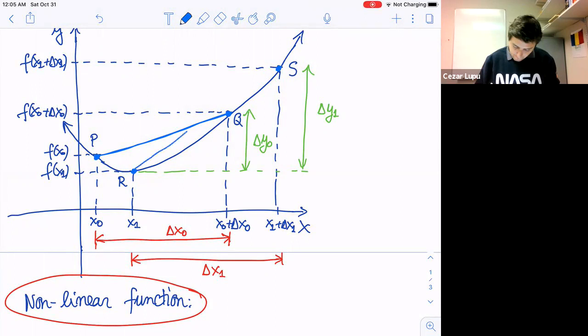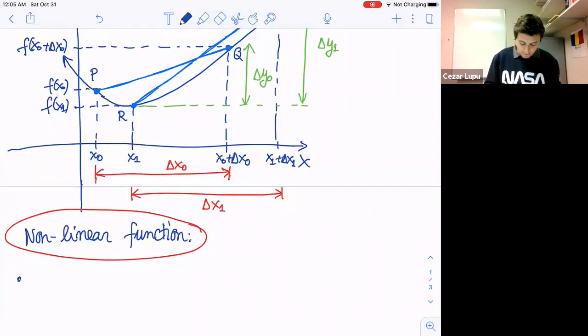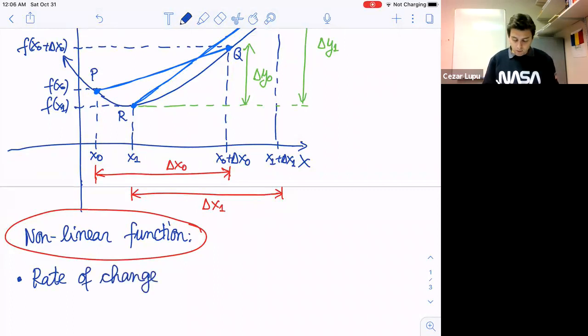So I have these two lines, in blue and light blue. And now let's interpret this. So let's see, what is the rate of change between points P and Q.